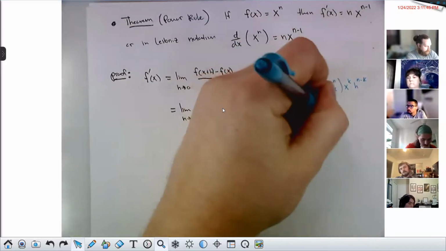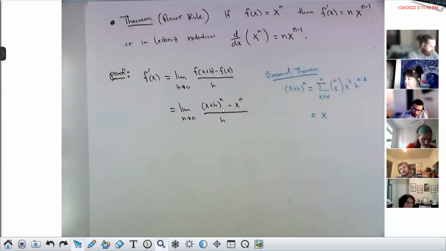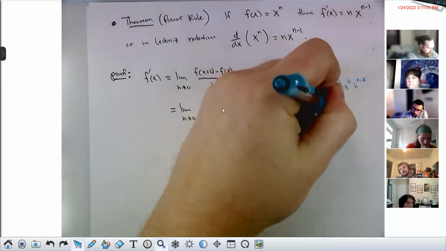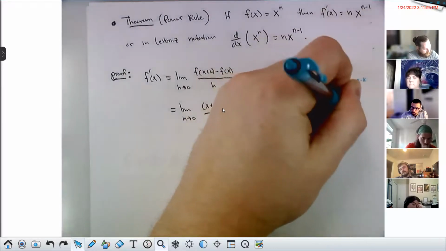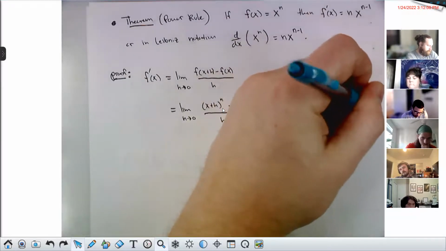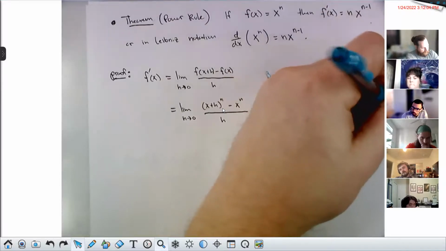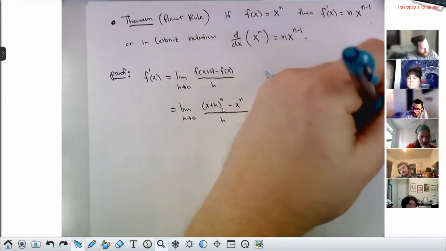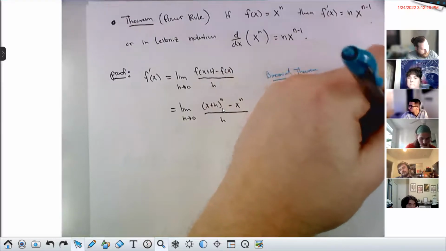It just means that this starts out with x to the n plus n x to the n minus 1 times h plus other stuff with powers of x and h.